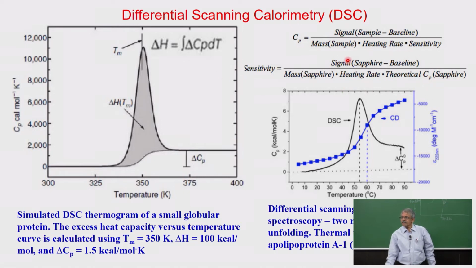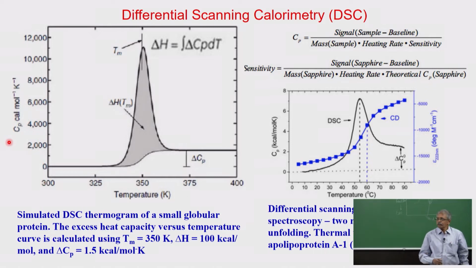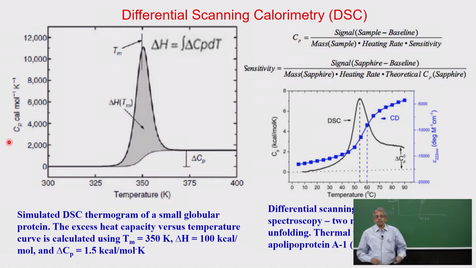So, you can get the sensitivity from this, and you can use it in this, and you can get your Cp, and that is how it is plotted basically. So, you feed these values to the program, and the program does it. We do not really notice what has happened, but that is very dangerous. We should know what is all happening on the y axis, what is all happening on the x axis, even if the machine does it all the time for us. Without that, we will not have a feel of the subject at all.